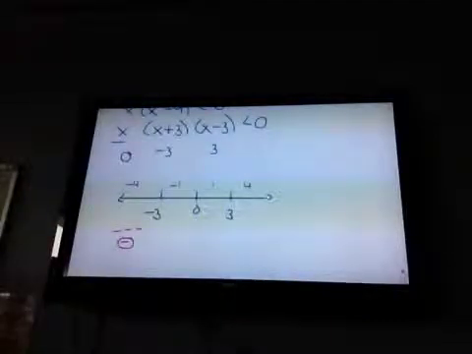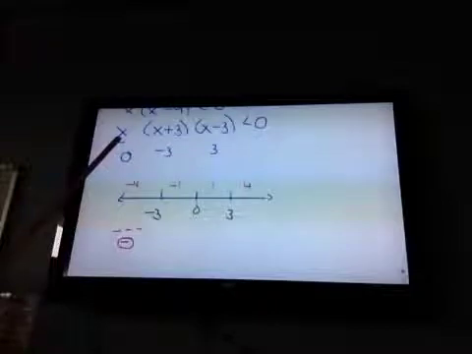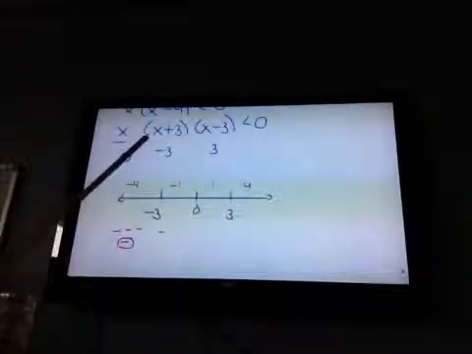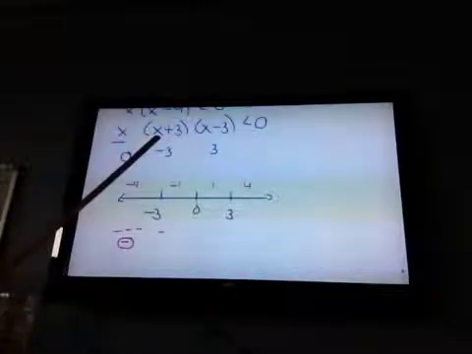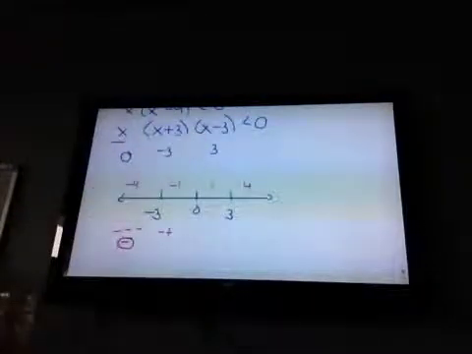Plug in negative 1. Negative 1 for x is going to be negative. Negative 1 plus 3, positive. Negative 1 minus 3, negative. A negative, positive, negative is positive.